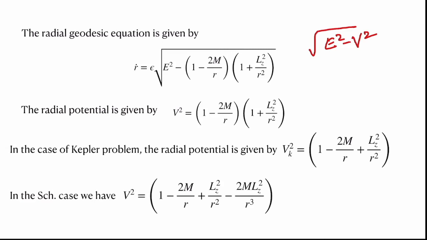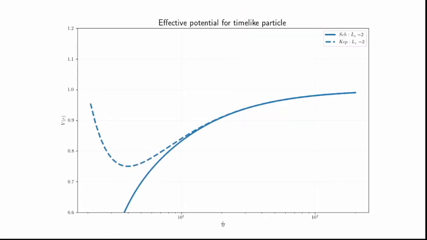Let's have a look at some of the plots of the potential to see how it works. Here we have an effective potential for comparison between the Newtonian, this is the dashed line, a Kepler problem with Lz equal to 2, and this solid line corresponds to the Schwarzschild case. We have seen earlier that the effective potential in the Kepler problem has two terms.